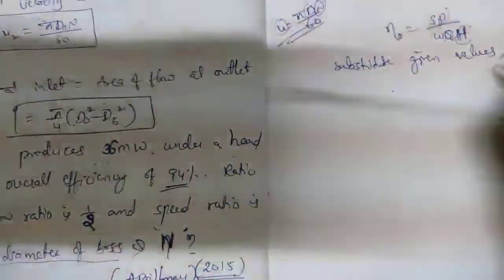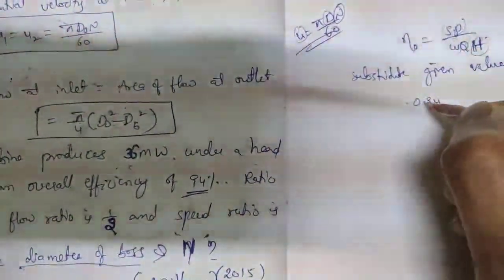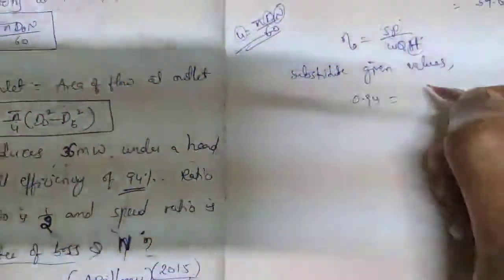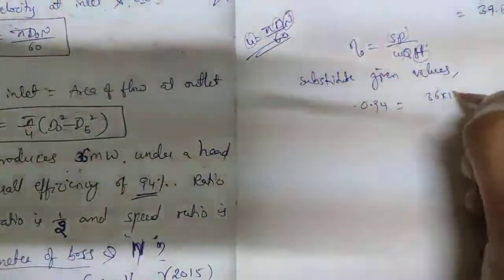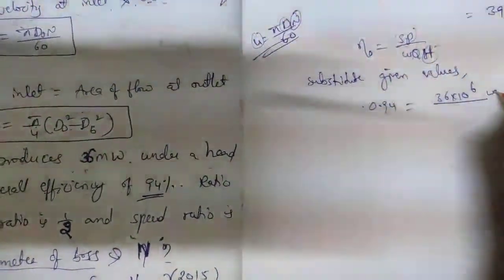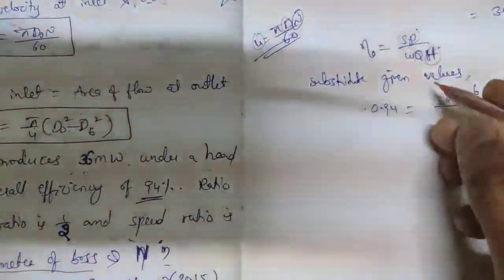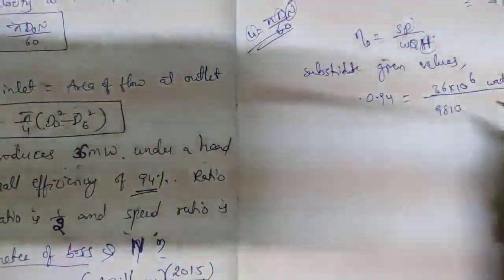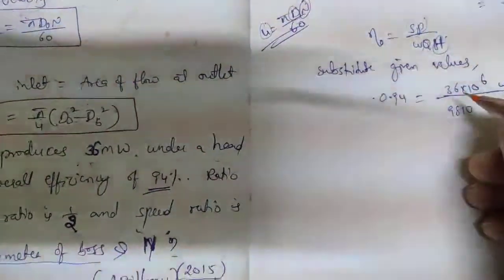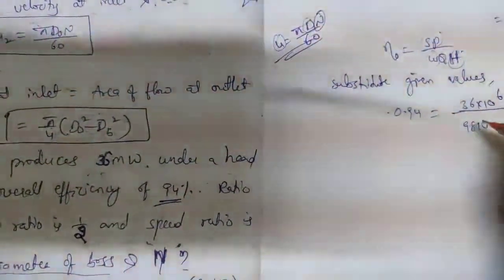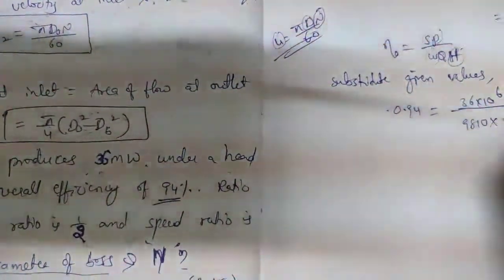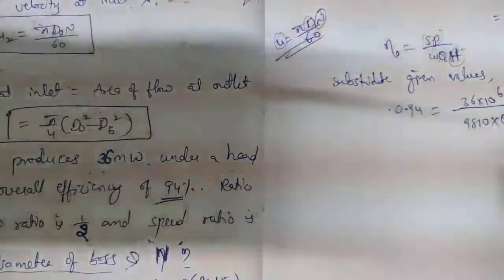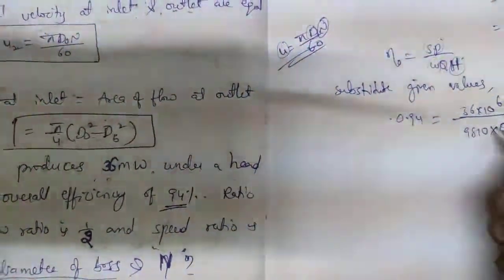Efficiency is 94%, so 0.94 equal to shaft power, 36 into 10 power 6 watts, by W, which means 9810, the specific weight of water, into Q, which you don't know, into H, 20.